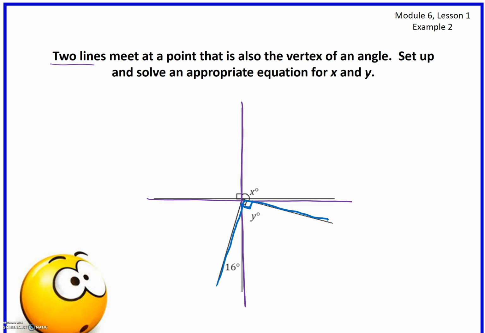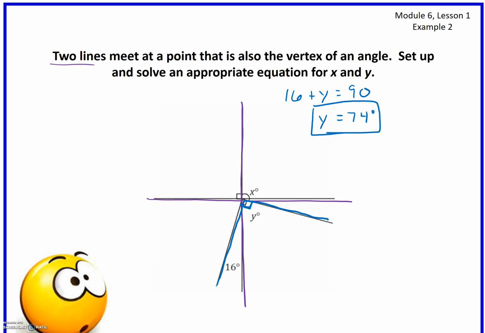Set up and solve an appropriate equation for x and y. All right, we know that 16 degrees and y both add up to 90 degrees, so because they are complementary, 16 plus y equals 90 degrees. Subtract 16 from both sides, y equals 74 degrees.